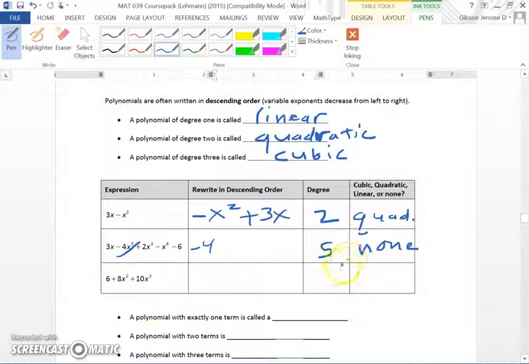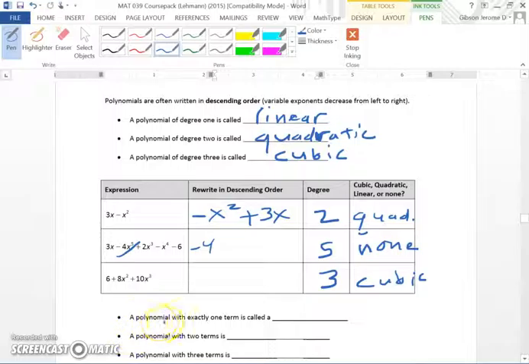Now, what do you think the degree would be here? It'll be 3, because 3 is the highest of the terms. So now, is it cubic, quadratic, linear, or none? Cubic. It's cubic.